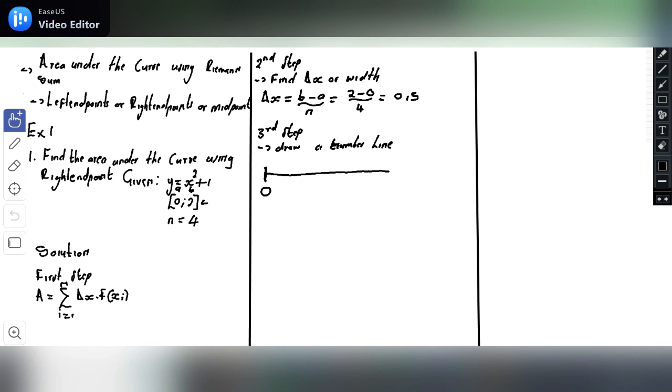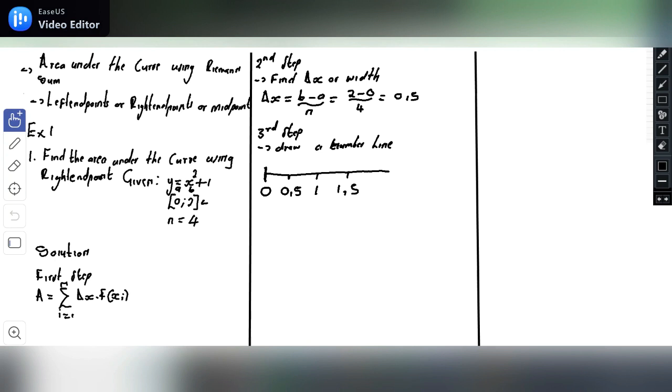After writing 0, remember the aim of calculating the width, or the delta x, was to add that delta x along the timeline until we arrive at 2, which is the last point. So we say 0 plus 0.5, which gives us 0.5. And then again, 0.5 plus 0.5 gives us 1. And then 1 plus 0.5 gives us 1.5.